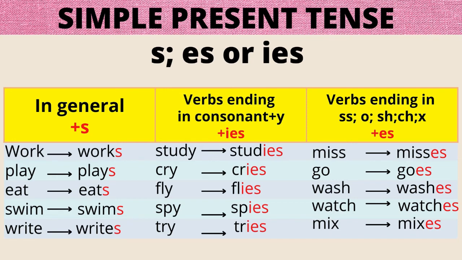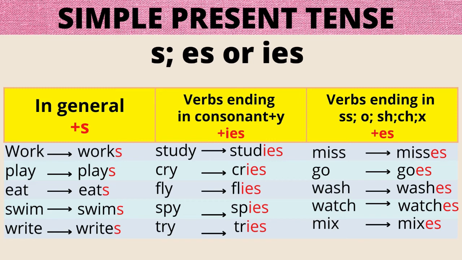So, what's a vowel? A vowel in English is A, E, I, O, or U. Everything else, B, D, G, X, C, etc., these are all consonants. So, D is a consonant.